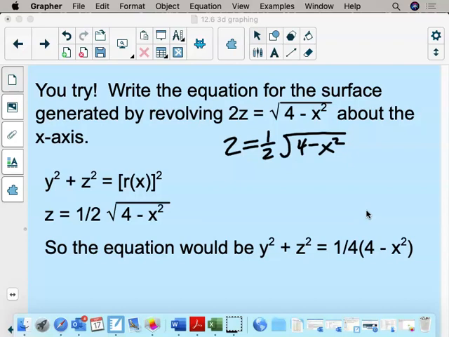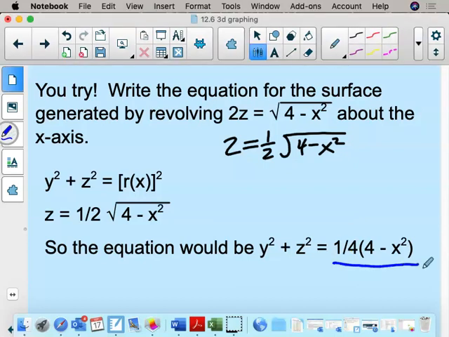But if I'm revolving about the x-axis, then this needs to be in terms of x. So I can look at this and say, okay, I'm going about the x-axis. As soon as I know what I'm revolving about, then I know my other two variables are going to be the other ones, because my cross sections are going to be in the YZ plane. So then I get a y squared plus z squared, and then this is the equation that I'm revolving around the axis squared. Did that help at all?